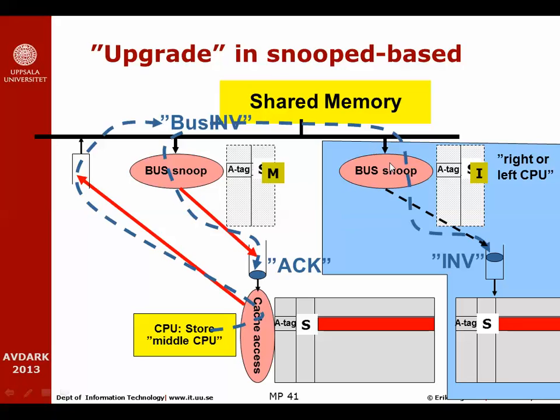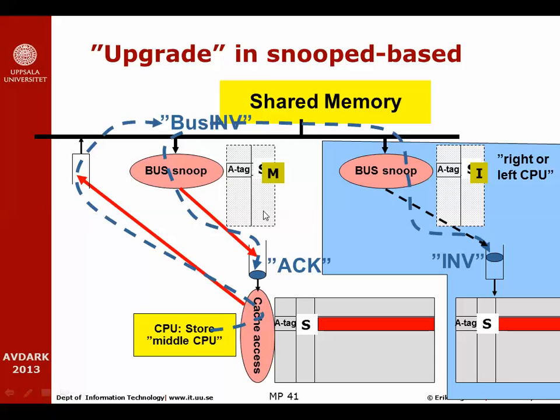And the left and the right systems will instead, their snoop lookup will say, I have to put an invalidate pill in my in queue. What also happened here is that the snoop state changed during that lookup. The snoop state changed from shared to modified for the middle, and for the right and the left, it changed from shared to invalid. So these are the snoop obligations that happen here.